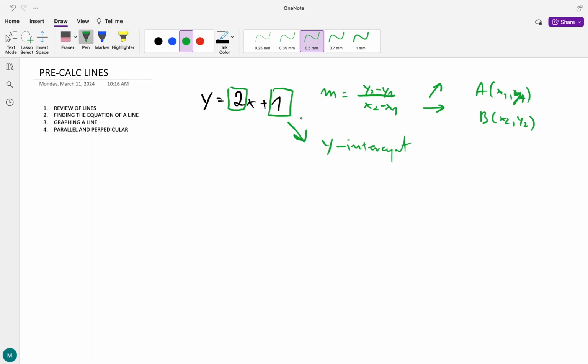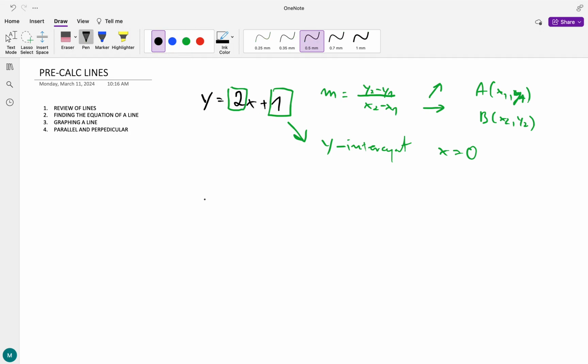This is the point where the graph of a line intersects the y-axis and your x is equal to 0. This is called the slope-intercept formula. So you have the slope, you have the intercept.